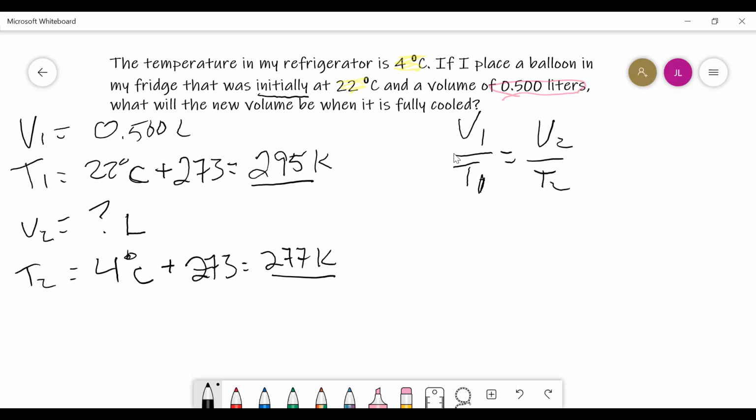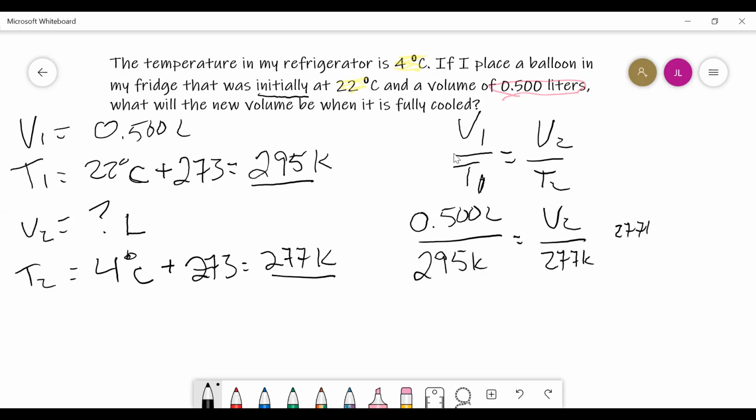We have liters. So 0.500 liters is my V1, T1 is 295, we do not know what V2 is, and temperature 2 is 277. We multiply both sides by 277 and cancel these out.